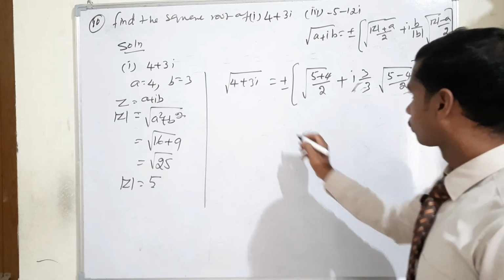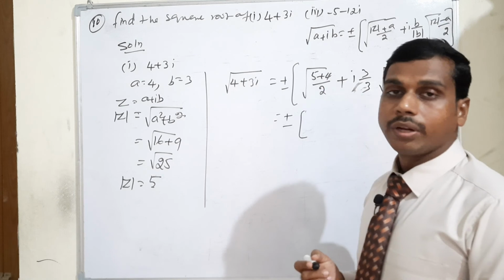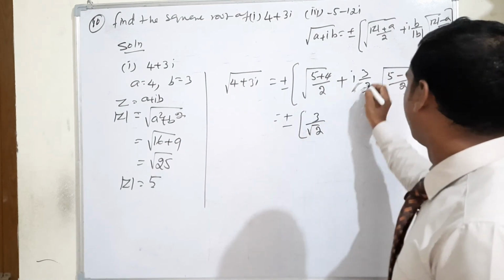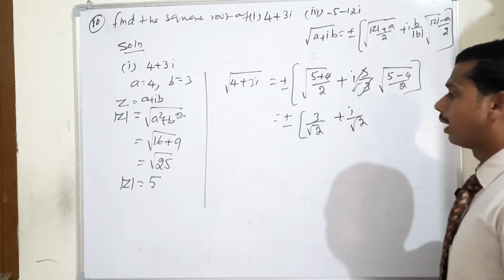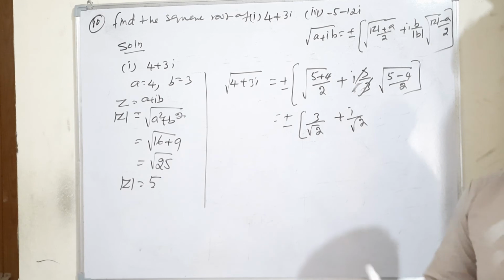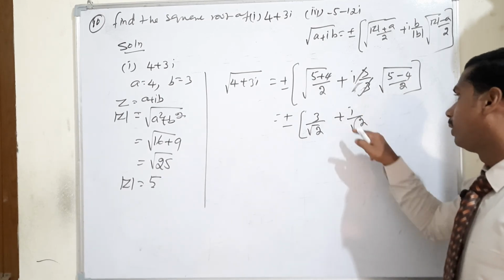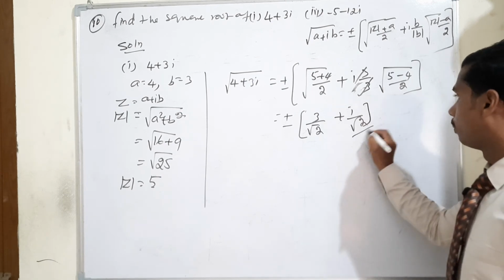Therefore plus or minus square root of 5 plus 4, which is equal to 9. Square root of 9 means 3, take it common outside. So we can write directly 3 by root 2. Again 3 cancels, here plus i by root 2 will come. Why? Because 5 minus 4 is equal to 1, and square root of 1 we can write without the square root. So 1 and i means i will come, denominator the same, root 2 will come. This is the subdivision 1 answer.